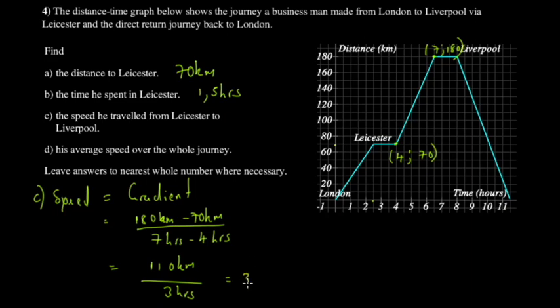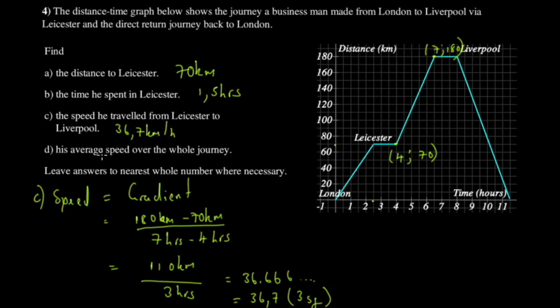You'd get 36.666 and so forth, which is 36.7 to 3SF. So 36.7 kilometers per hour.